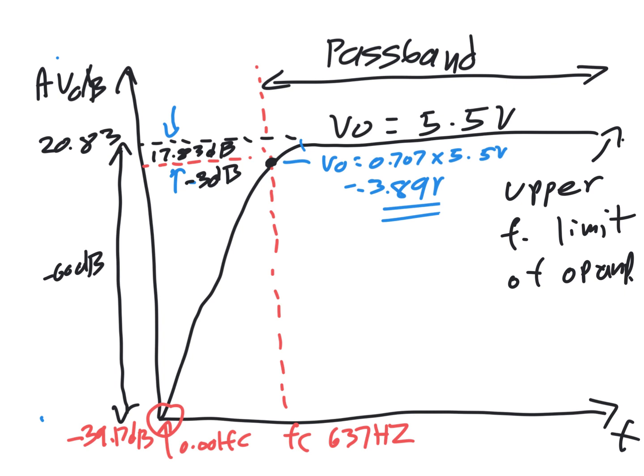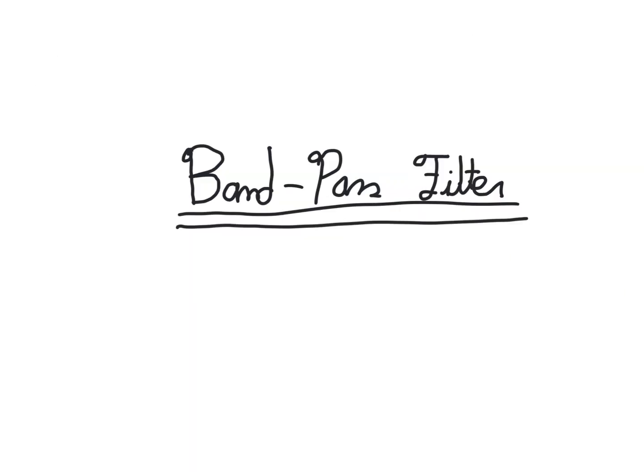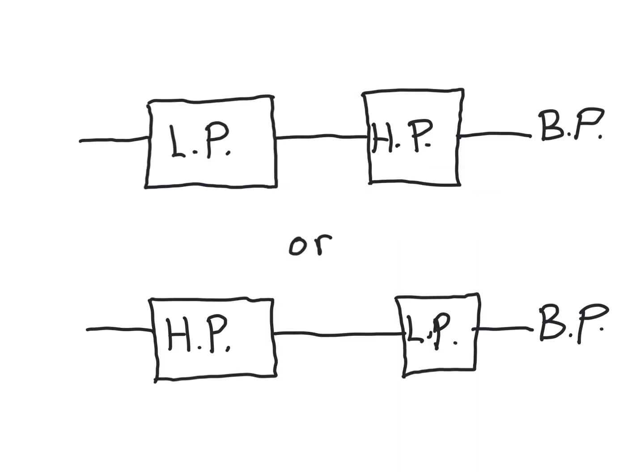All right, so that's the high pass filter. Okay, the band pass. So the band pass is really just a combination of a low pass and a high pass filter. It makes no difference which order you cascade them in.